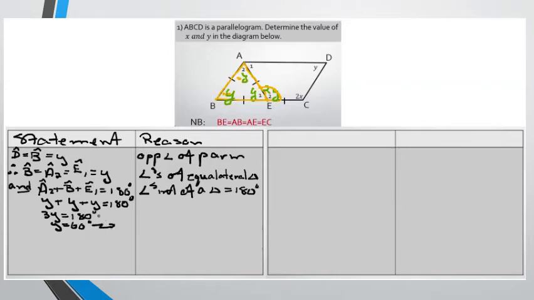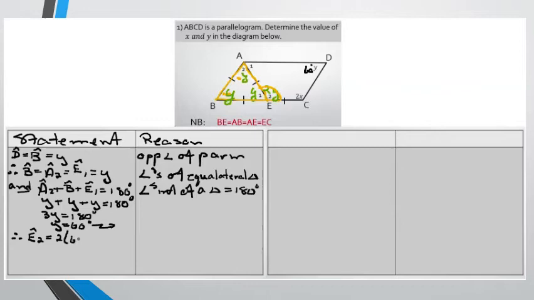Guys, as we have mentioned before, as soon as I have an answer, I write my information in. So the y, that angle there, I'm going to put down there, equals 60 degrees. And then the 2y, let's mention it down here. Therefore, angle E2 equals 2 times y, and in the place of y it becomes 60 degrees.